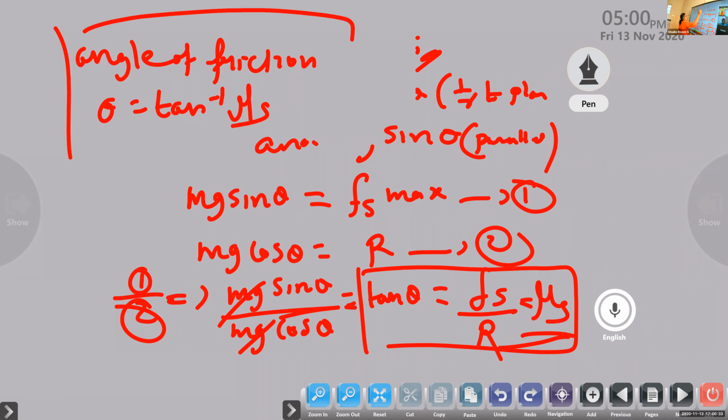In case the question asks for the angle of friction, we have to take the tan inverse. Okay, children. So the tangent of the angle of friction gives the coefficient.